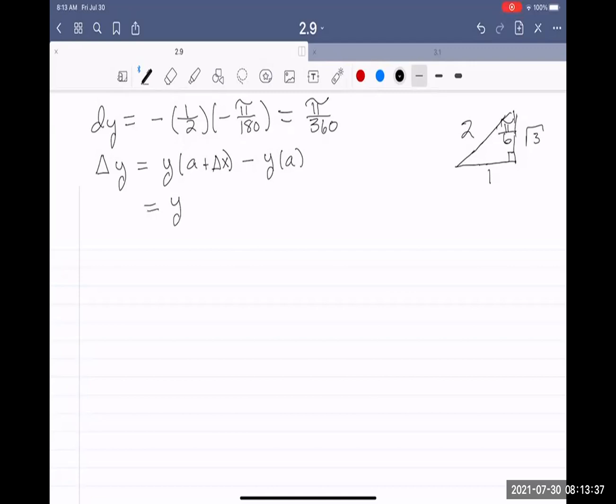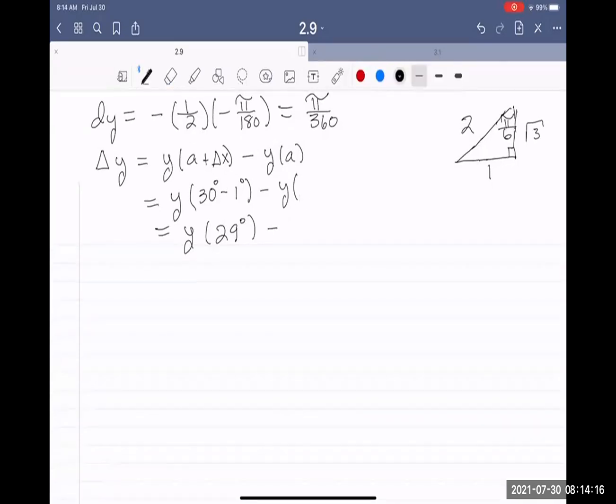So this is going to be y at 30 degrees minus 1 degree minus y at 30 degrees, which is y where we want to figure it out at 29 degrees minus y of 30.